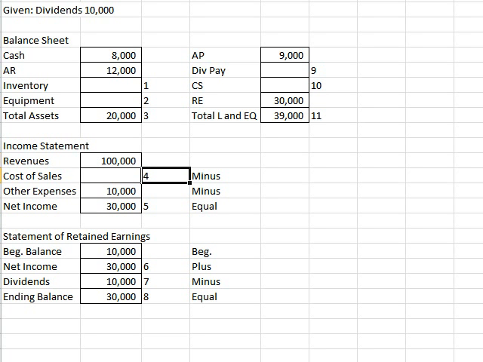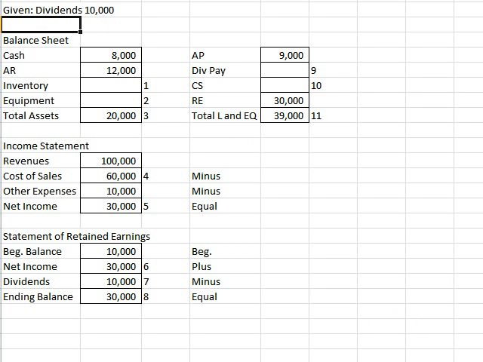So mathematically that number has to be 60,000. So 100,000 minus 60,000 is 40,000 minus 10,000 gives me the 30,000. Okay, so now I have a couple of numbers completed in the equation. So now we've solved the income statement and the statement of retained earnings.